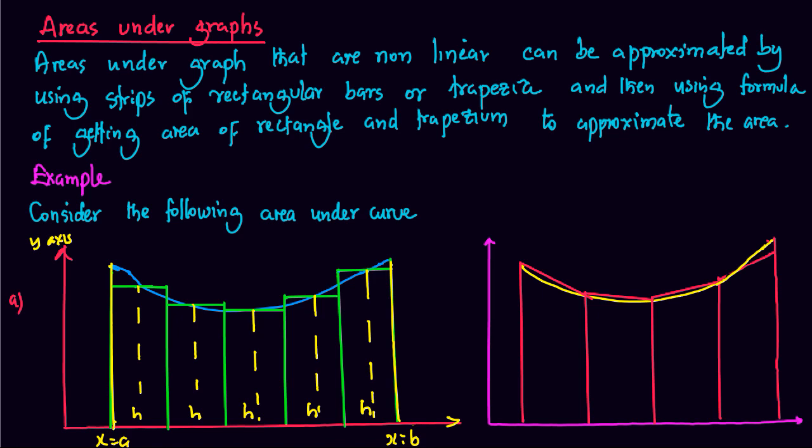Alternatively, the area can be divided into trapezia, where we have the first trapezia, the second, the third, and the fourth trapezia. In this case too, each will have uniform width.